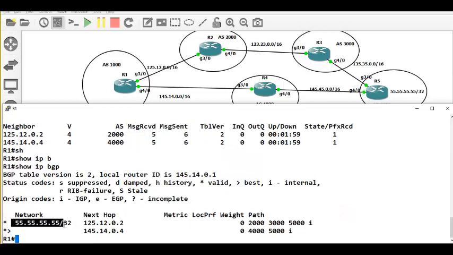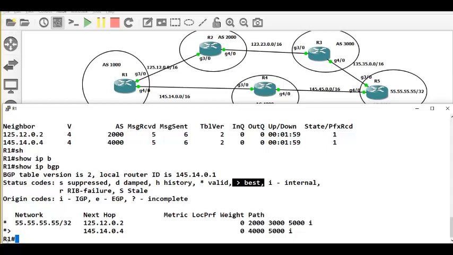It has decided to go via router 4, which is autonomous system 4000. You know why? Less AS jumps, lesser AS path. Only two AS, two hops. So if you have this greater than symbol, it means that's the best among these two.